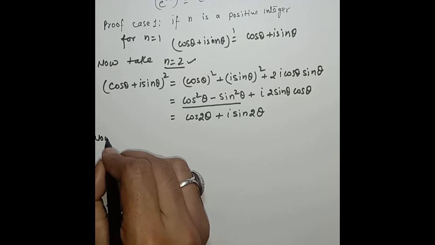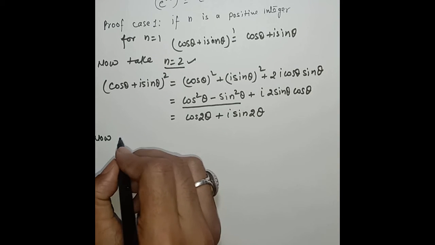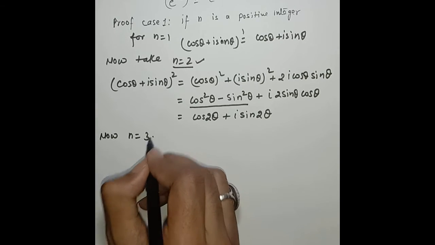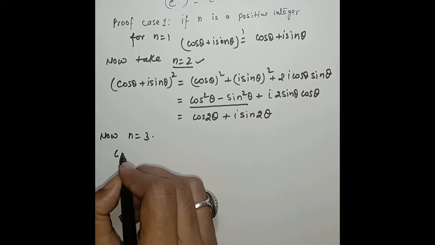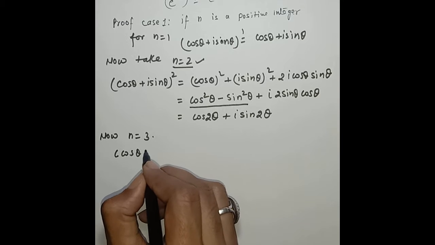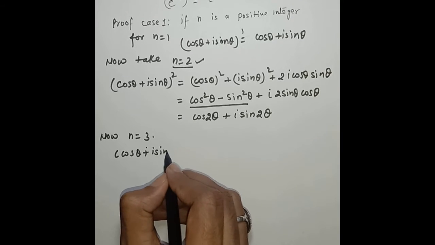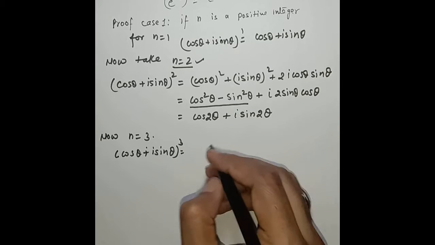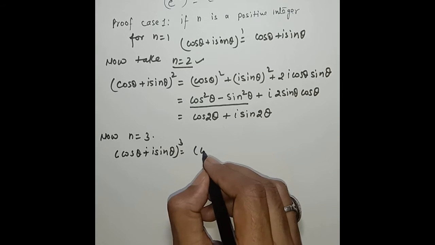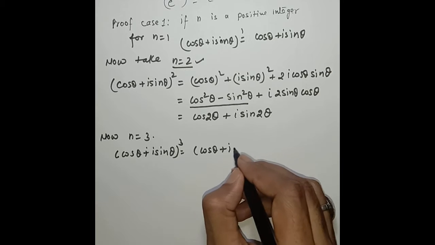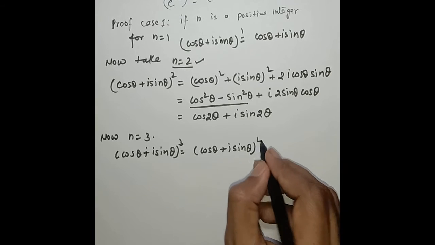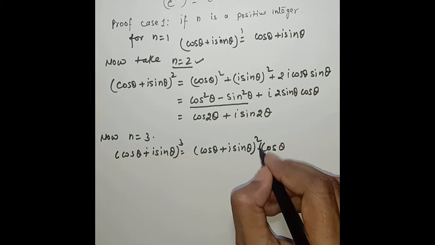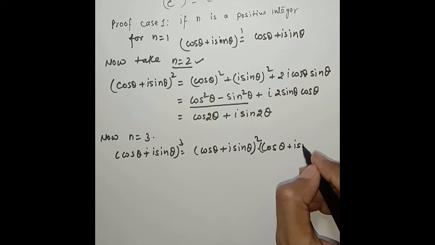Now we can also check for n equal to 3. Take n equal to 3. So (cos theta + i sin theta) whole cube, we can write as (cos theta + i sin theta) whole square into (cos theta + i sin theta).